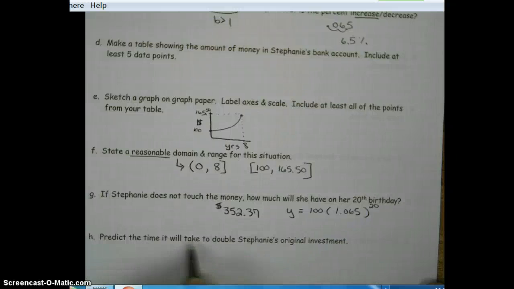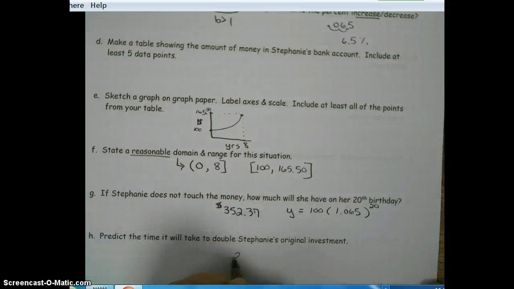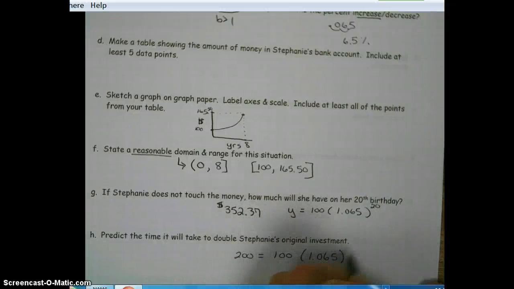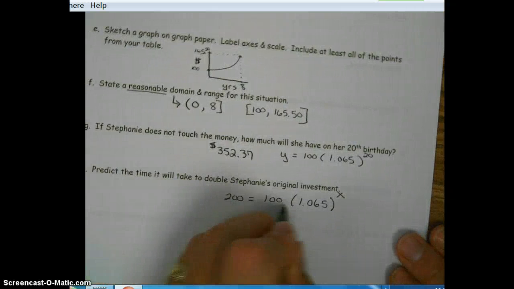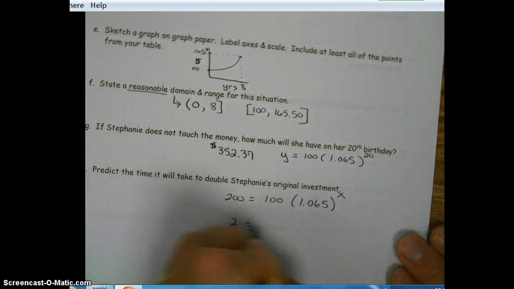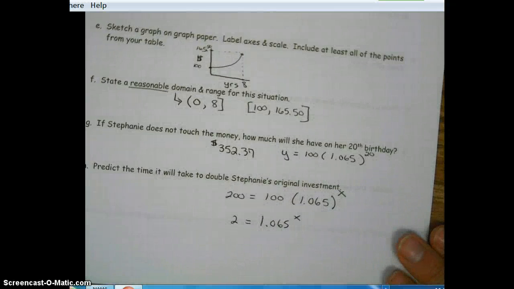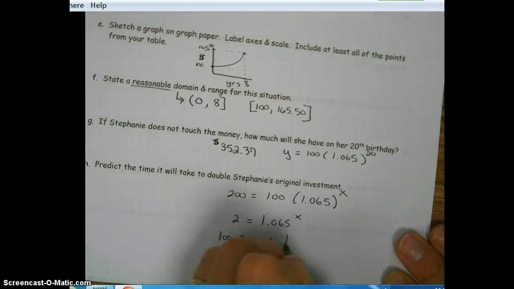Predict the time it will take to double. Okay, so we want to double 100 to 200. Solving for time, which is X. Divide both sides by 100. Take the log of both sides. Bring that x down.